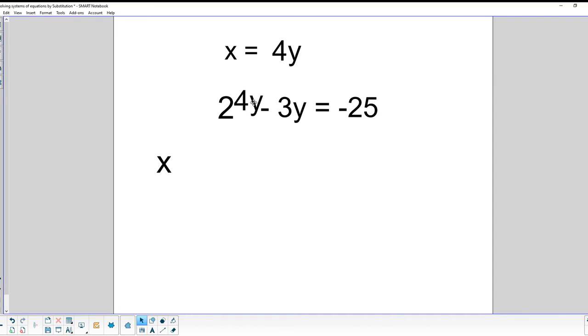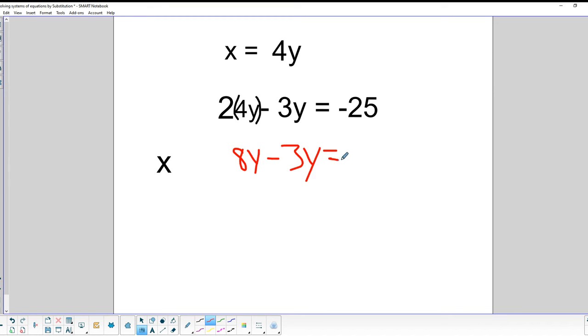I'm going to grab that 4y and bring it down. And we want to put some parentheses around it so that we know that we are multiplying now. 2 times 4y. And 2 times 4y is 8y. And then I have still there a minus 3y.